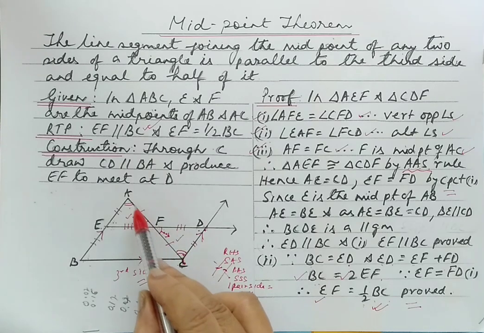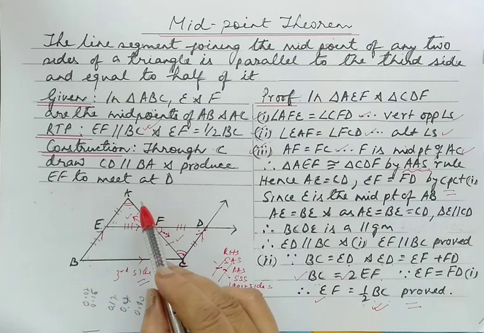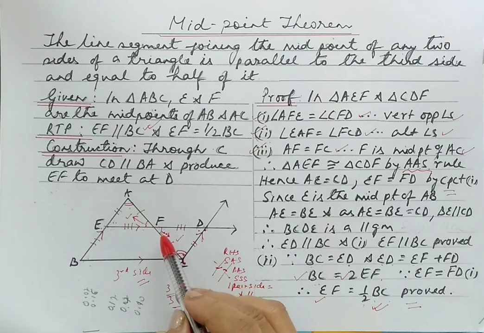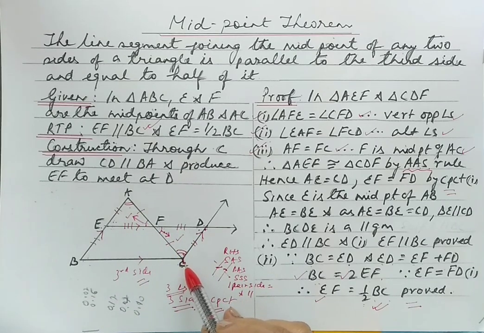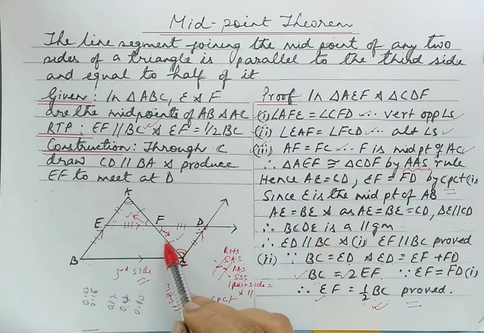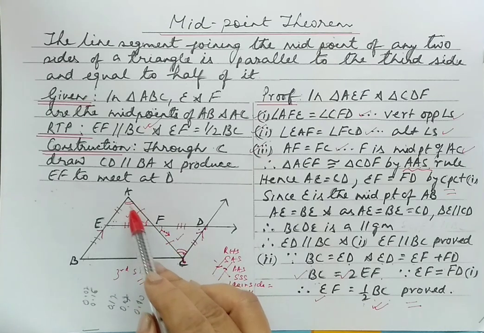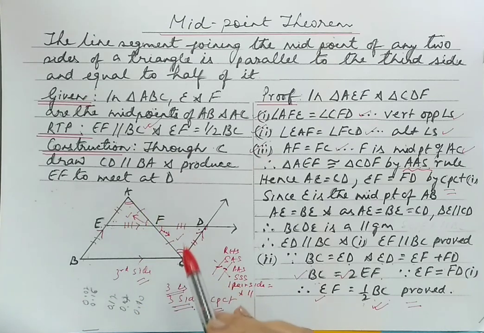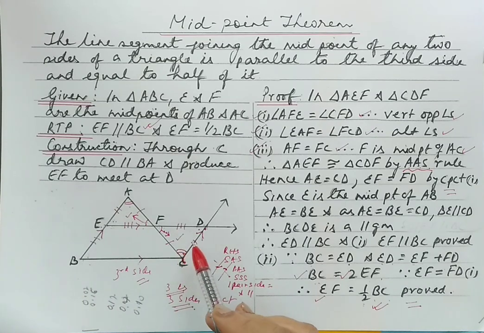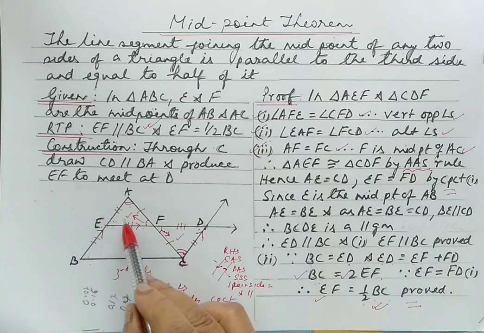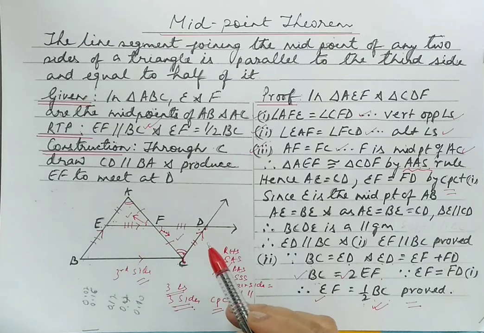Next we have that F being the midpoint of AC, we have AF equal to FC. So this is the included side, and these two angles of this triangle and these two angles are corresponding angles. So by CPCT, we now know that AE is equal to CD.